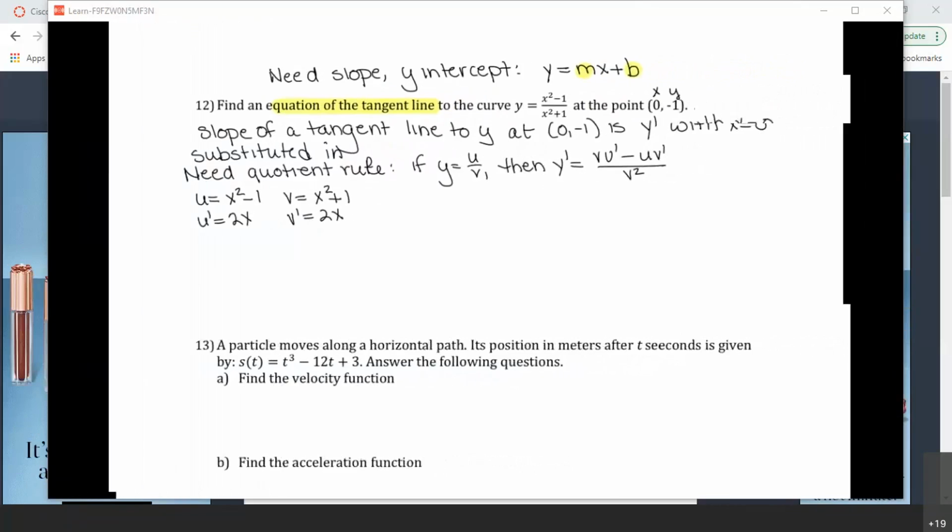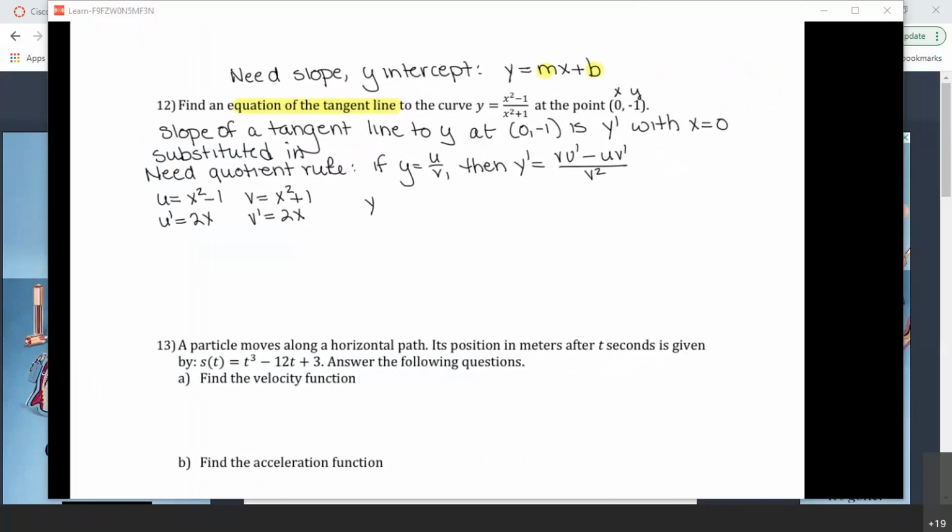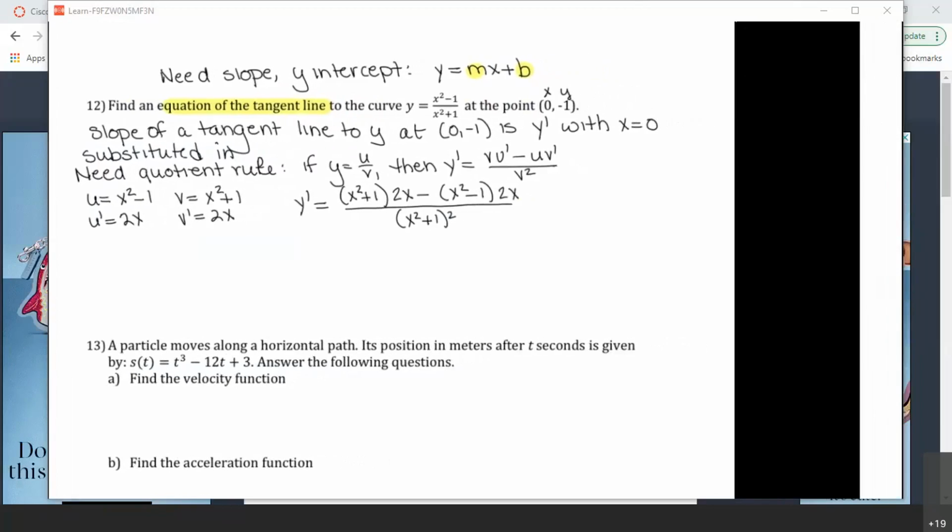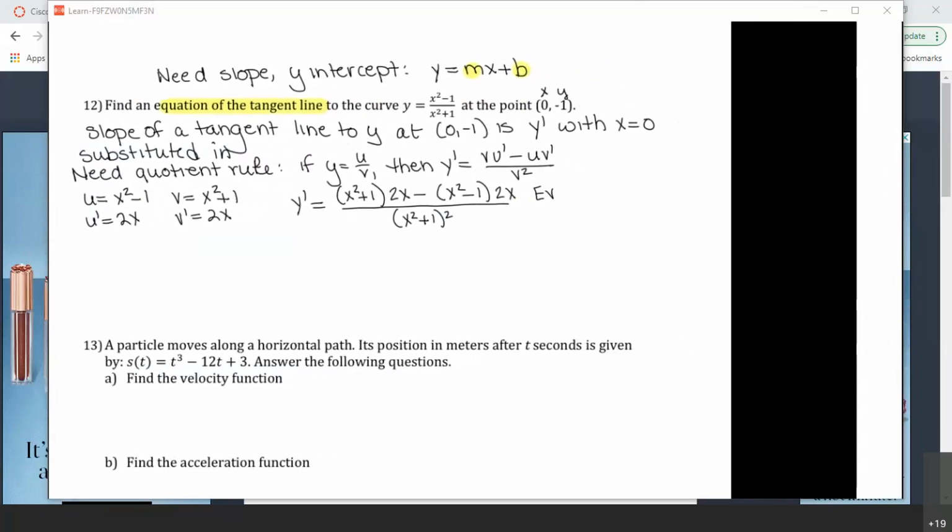So if I put this into y prime, I'm going to get v times u prime minus u times v prime, the whole thing over v squared. But now I need to evaluate at x equals 0.